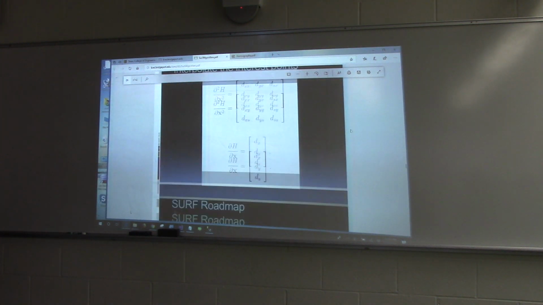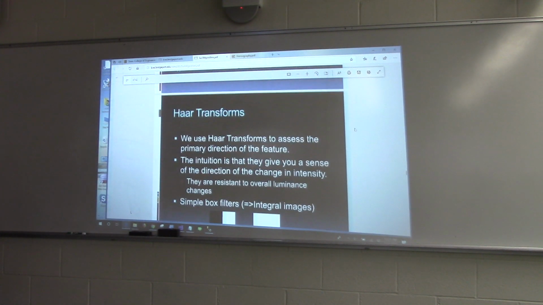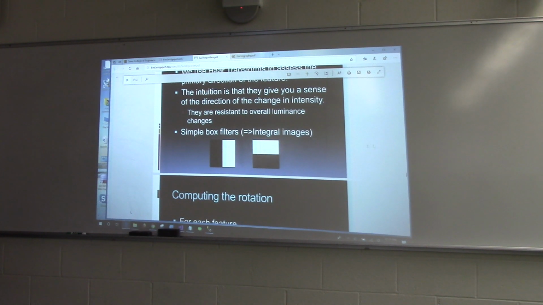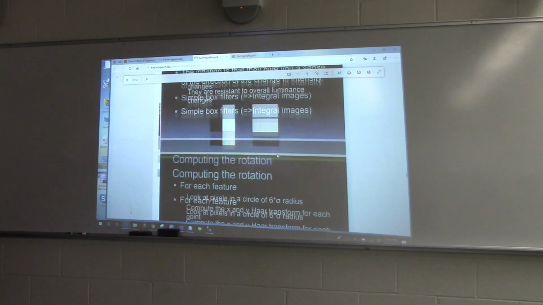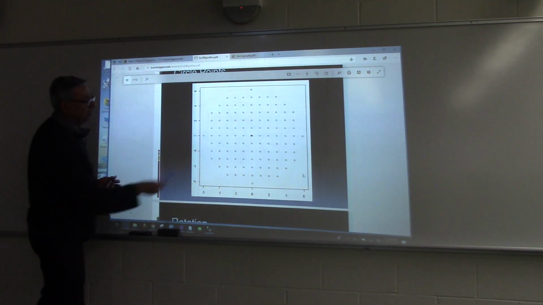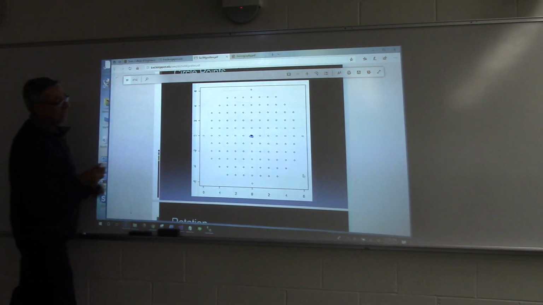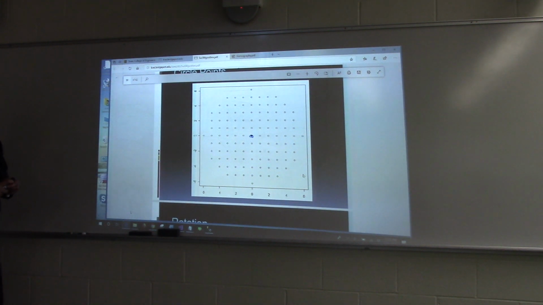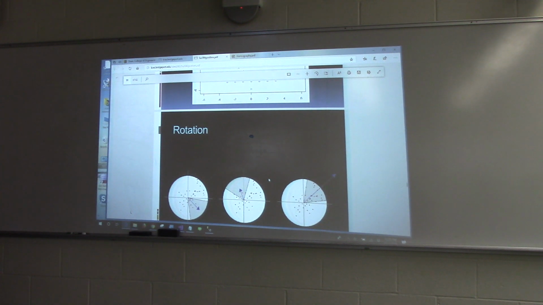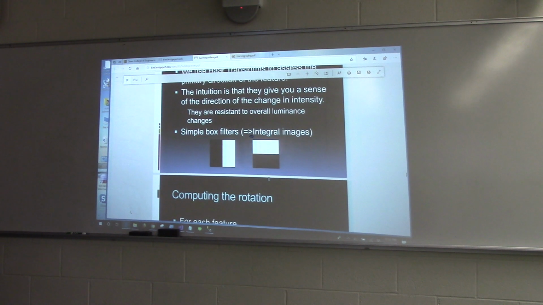Okay, the last part was the feature direction. So here's where we will apply again box filters. We compute a neighborhood around this feature that was of interest to us, right? Then we apply a box filter over here.